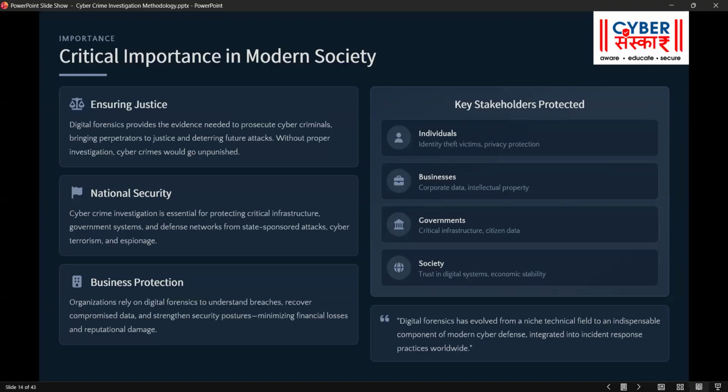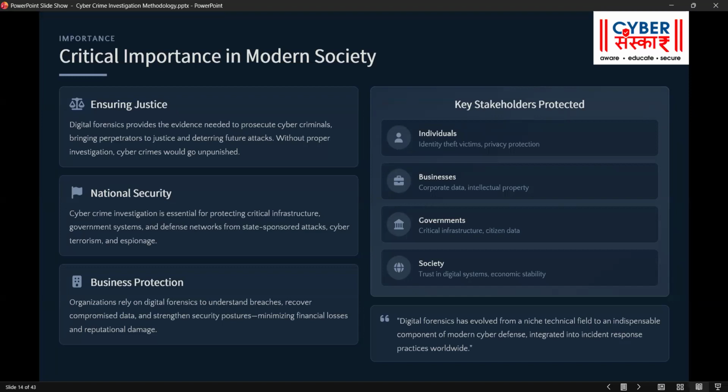Easily you can find out the changes or any manipulations in the evidence. So to prosecute the cyber criminal, it is very necessary that we provide electronic evidence that is absolutely correct and absolutely right without any manipulation or changes.